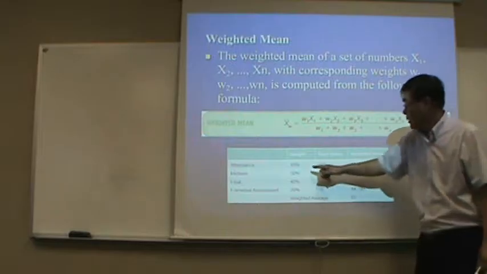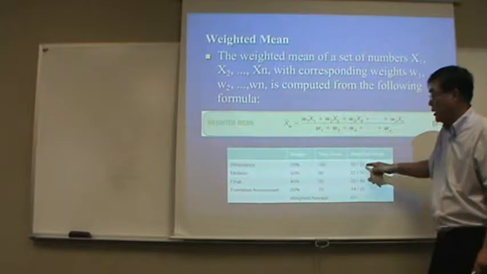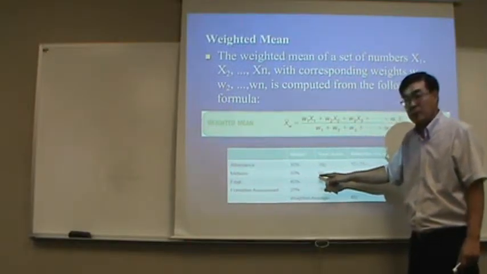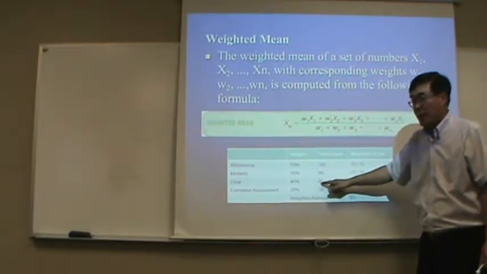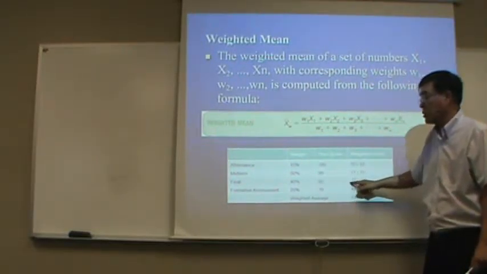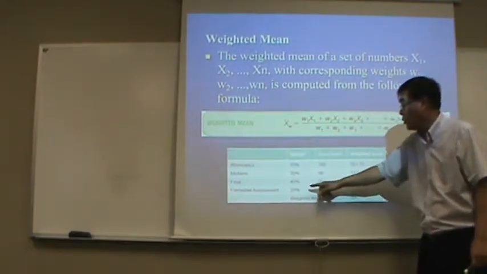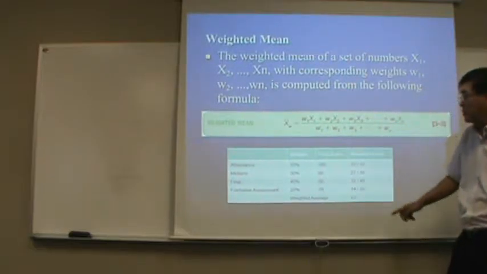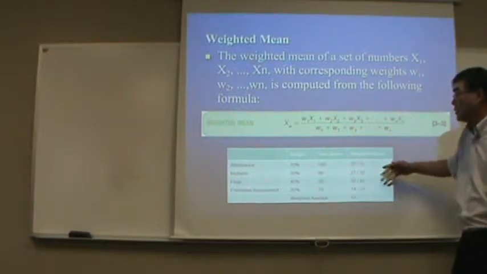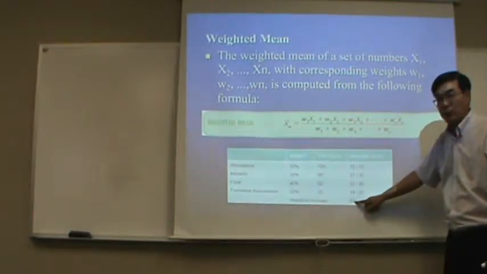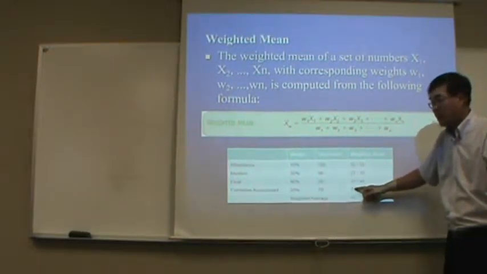Then for attendance, 10%, 0.1 times 100 is 10. Midterm 30%, 0.3 times 90 is 27. Final 0.4 times 80 equals 32 out of 40%, and 0.2 times 70 is 14. So the weighted average is 83: 10 plus 27 plus 32 plus 14.